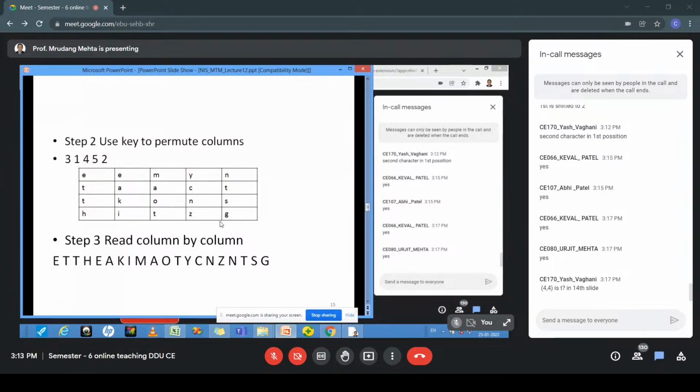In this example, the key is used, but the key is with respect to the instrument. Instrument in the sense that suppose we want to make an instrument which will perform encryption, just imagine that we are designing some hardware.